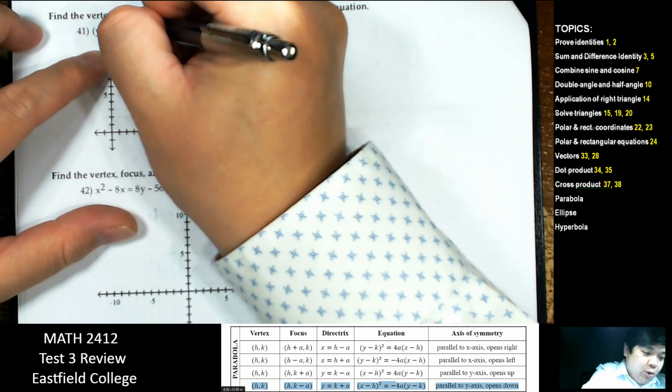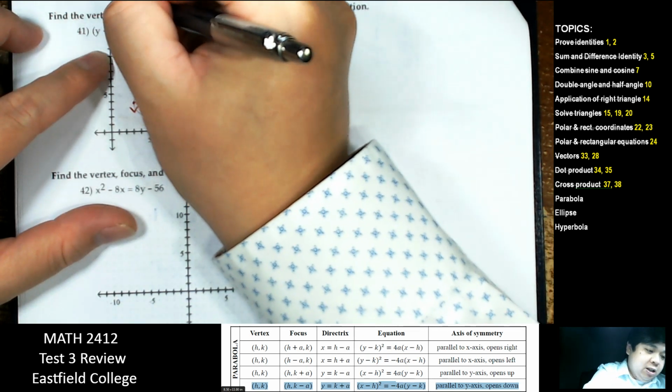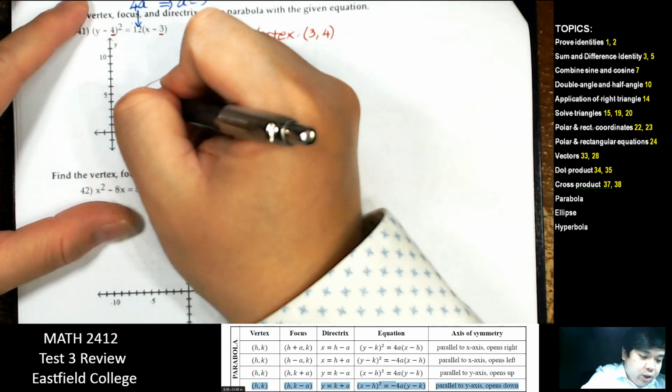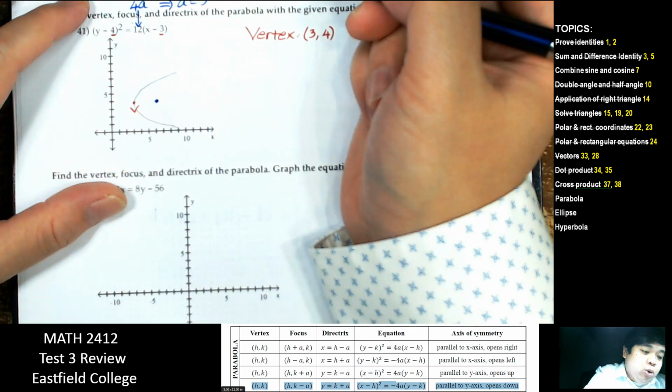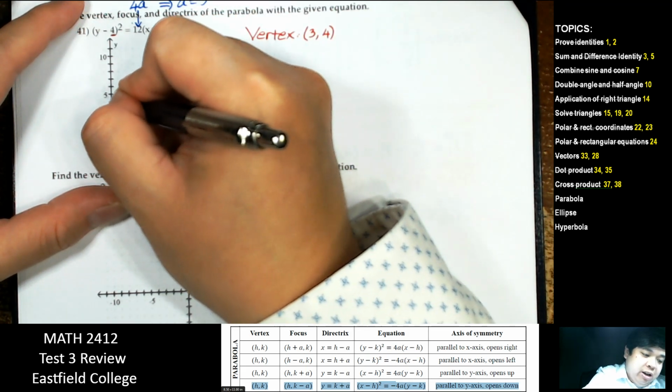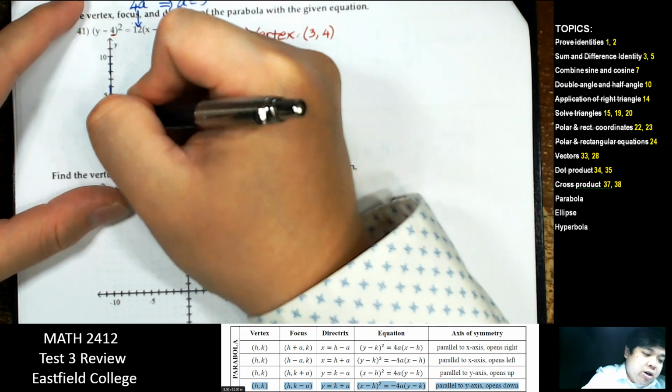Next, this has to be equal to 4a. So in this case a is equal to 3. So if we go 3 units to the right, that will be the focus, and 3 units to the left, that will be the directrix.